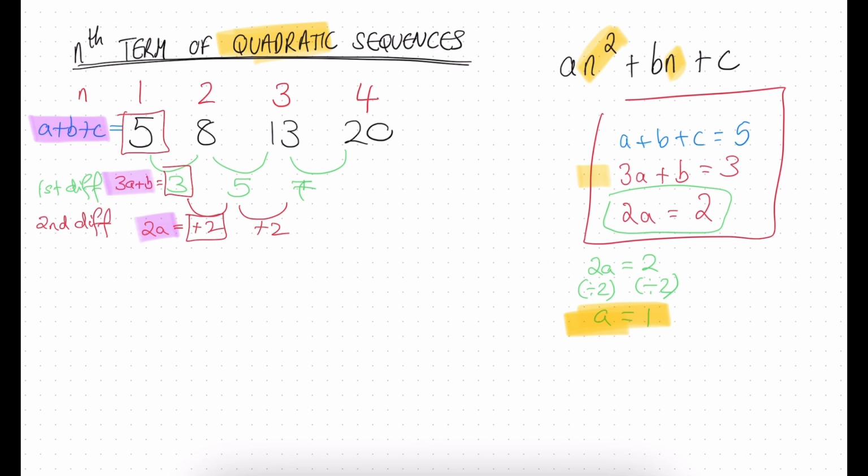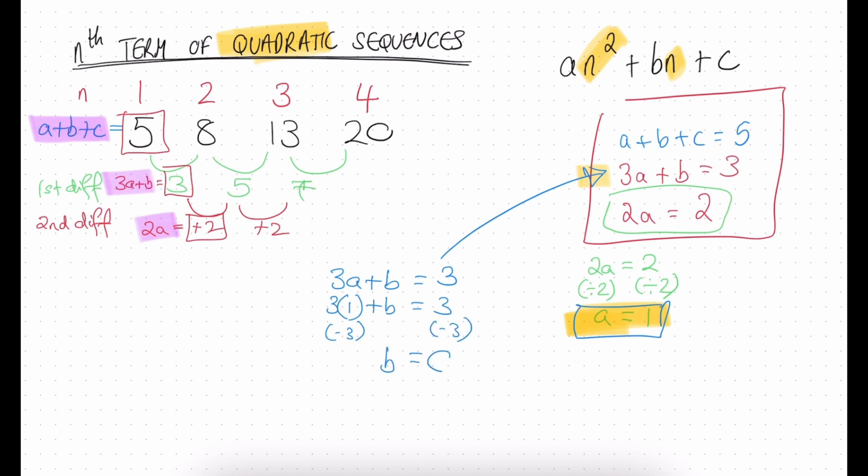So 3a plus b equals 3. We know from here that a equals 1, so it's the same as saying 3 times 1 plus b equals 3. So 3 plus b equals 3. We can take away our 3 from both sides, which means that b equals 0.